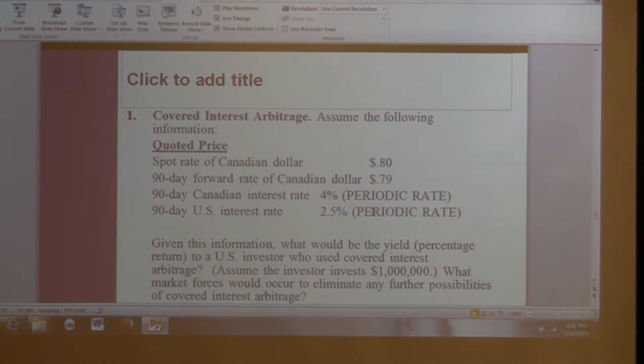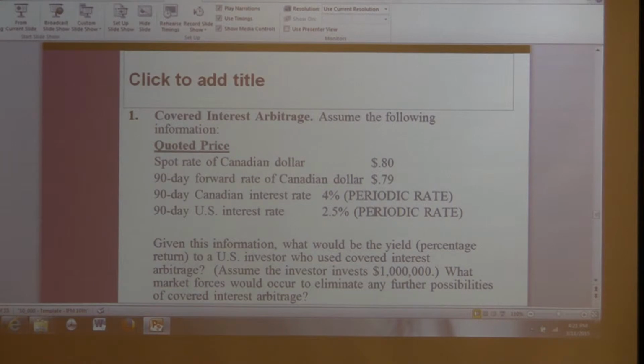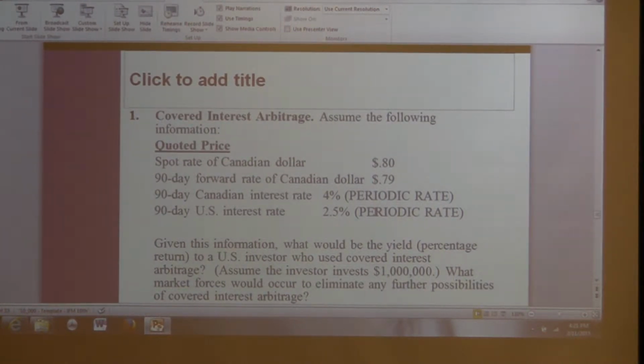So when you plug in the numbers, the answer you get here is 0.788, okay? So the number you get is very close to the forward price in the market, okay?